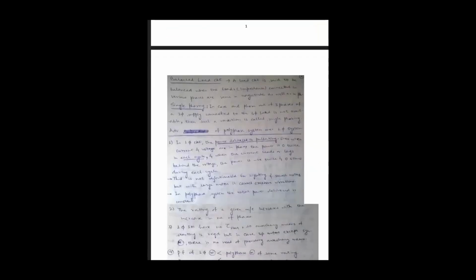What is a balanced load circuit? Till now we were talking of the balanced three-phase supply. Similarly, the three-phase balanced supply is connected to a three-phase balanced load, as in the single phase case where the single phase supply is connected to the single phase load.